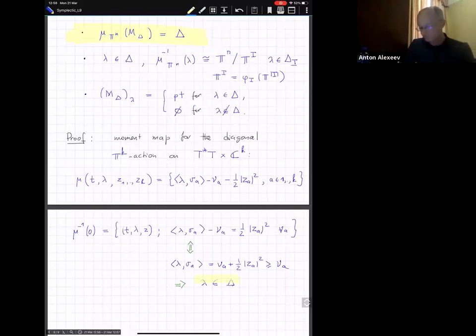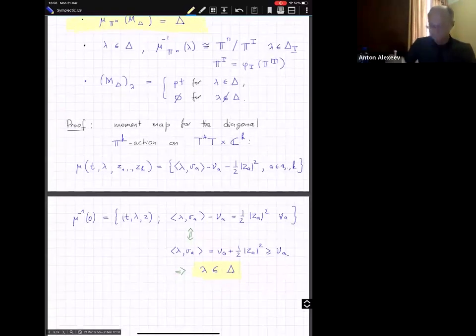Right? So if lambda is outside delta, then we cannot find the point of the form T lambda Z. And if lambda is in delta, then we can necessarily find the point of T lambda Z.